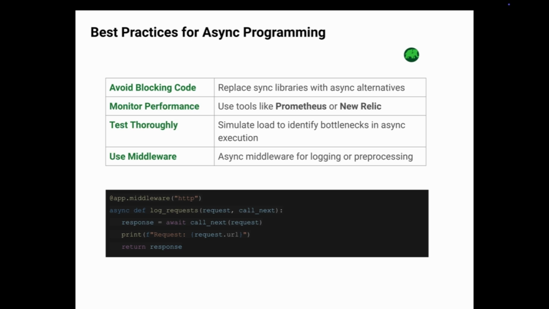But here is the catch. Synchronous code, for example time.sleep or sync database libraries, can block the whole event loop, making the entire program slower. Here's the tip: always replace sync libraries with their async equivalents.